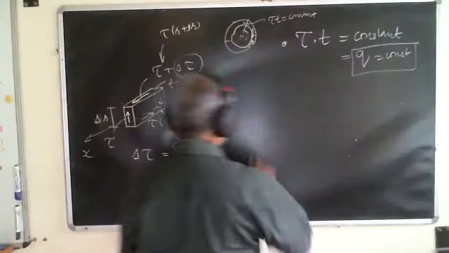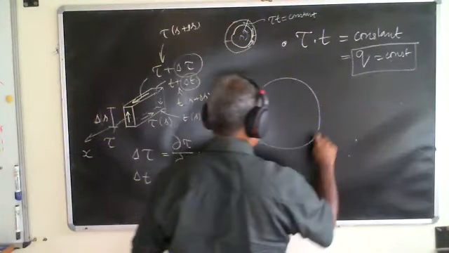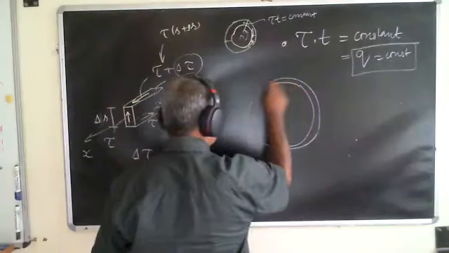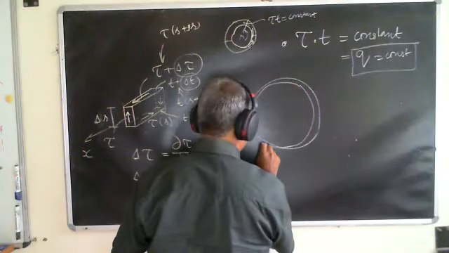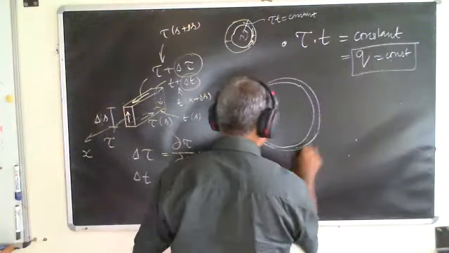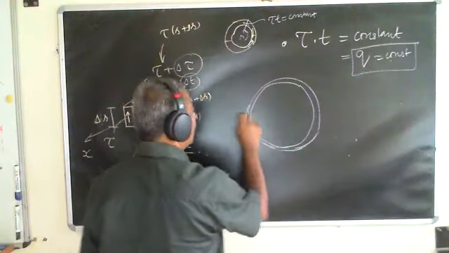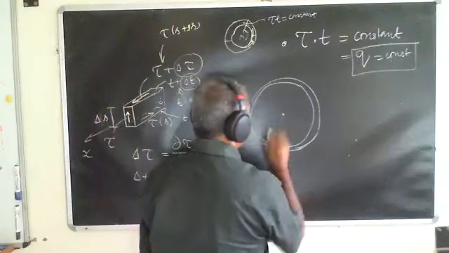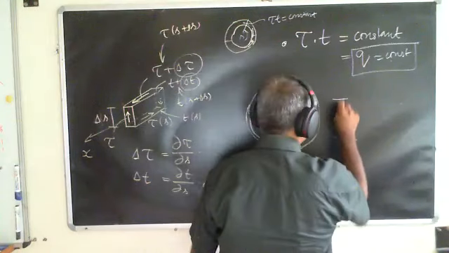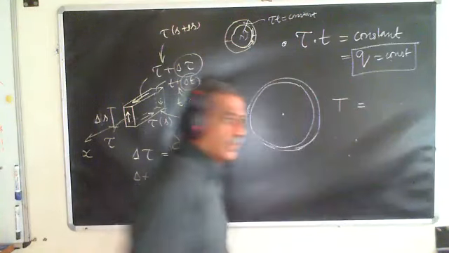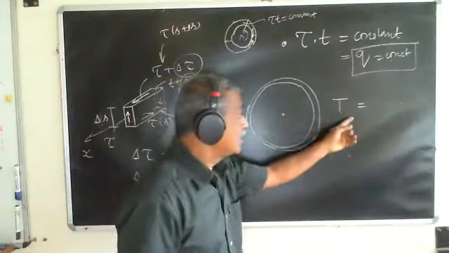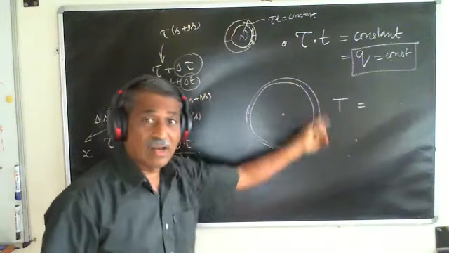So let me take the same thing. Now I need to find out torque T, right? That has to be a resultant of the shear stresses that are acting here, right?